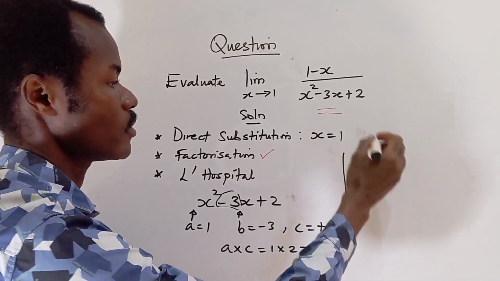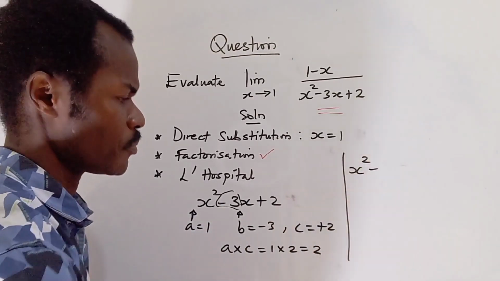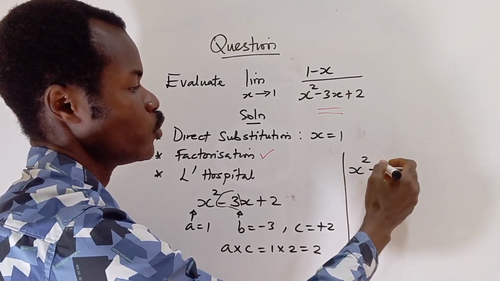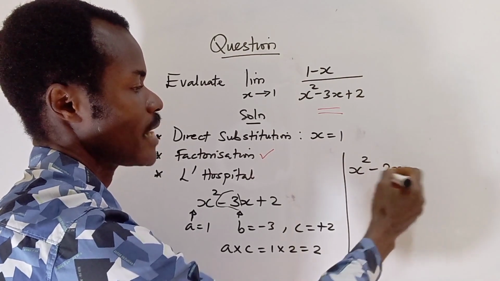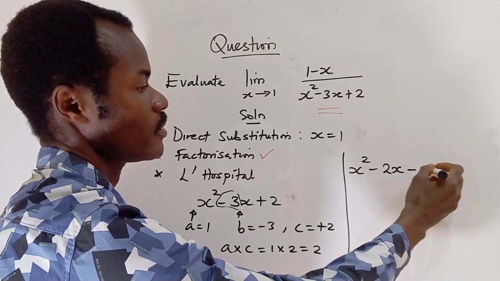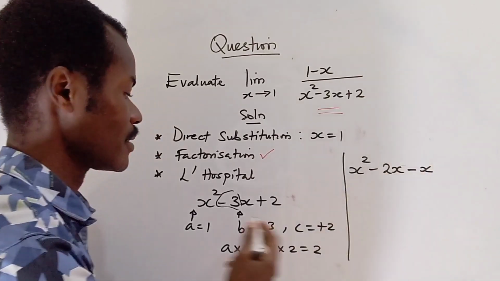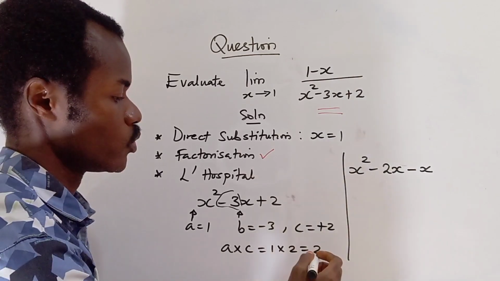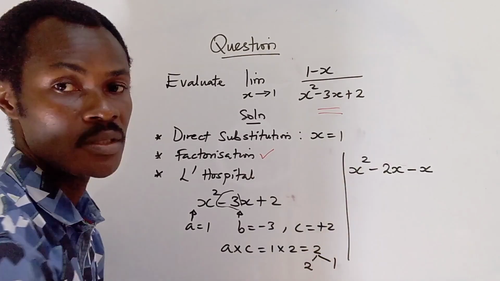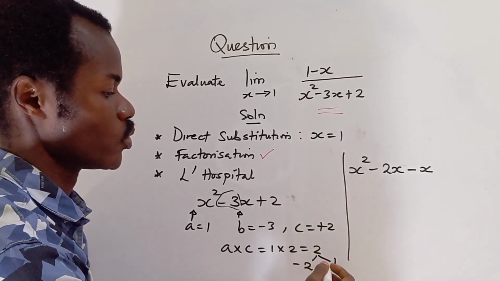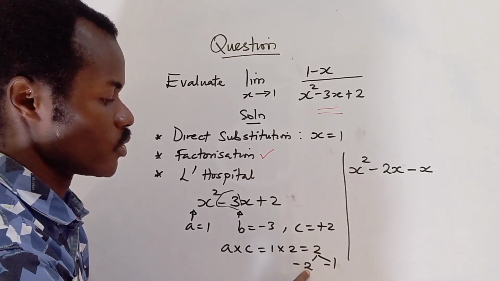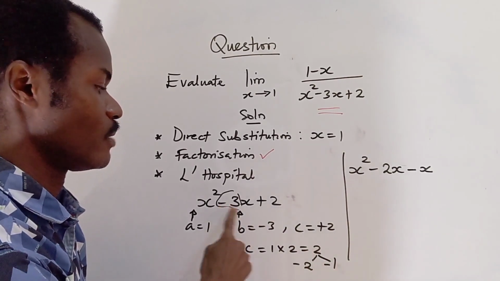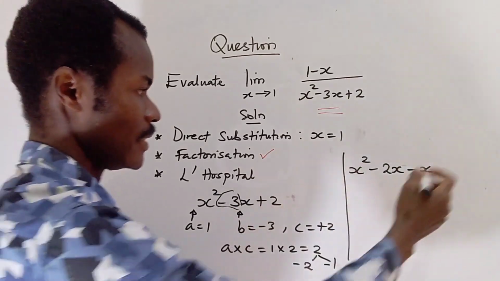I have my x squared, so minus 2x minus 1x, and minus 2x minus x also means minus 3x. So the factors are 1 and 2, but what we can use is minus 2 and minus 1, because minus 2 times minus 1 is still 2, and minus 2 minus 1 is still minus 3.